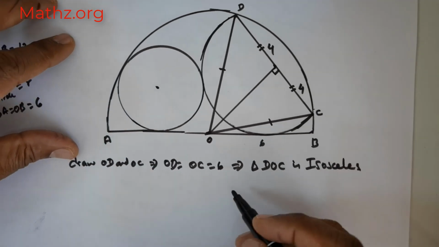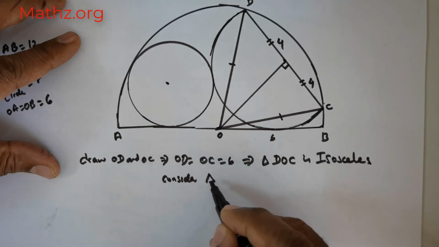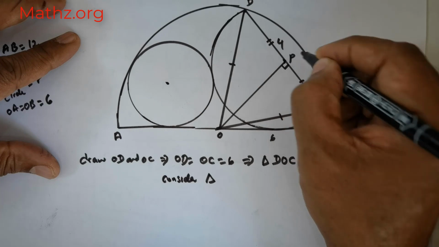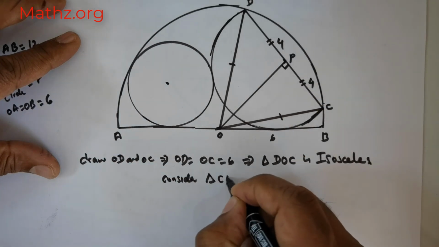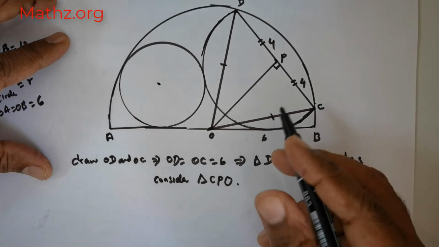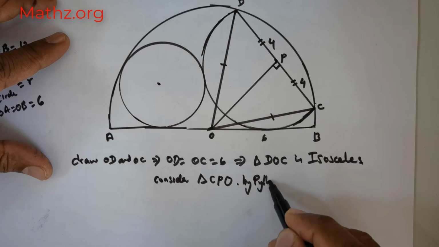Okay, so what I'm going to do is consider triangle CPO. Let me take this point as P. By Pythagoras. Why I'm using Pythagoras? Because it's 90 degree. So by Pythagoras, the great Pythagoras theorem.